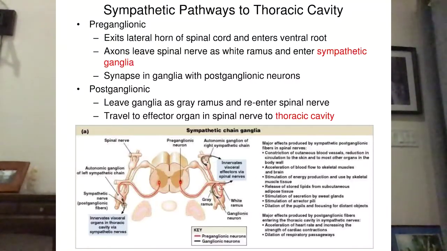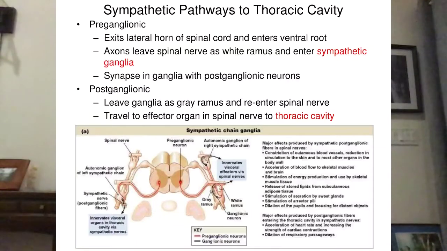Okay. So you can see there the cell body starts in the lateral horn, and then the axon stretches through the ventral root, okay, and then it merges with a spinal nerve, okay, and then there is a branching of the spinal nerve downward, and this one goes downward, and that's the white ramus, and that is a connection from the spinal nerve to the sympathetic chain ganglion, okay, one of them.